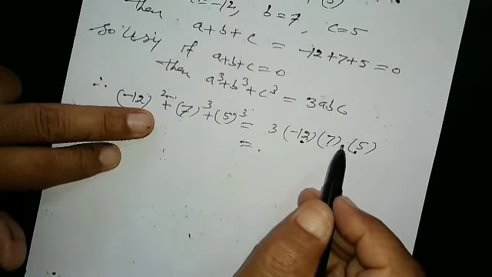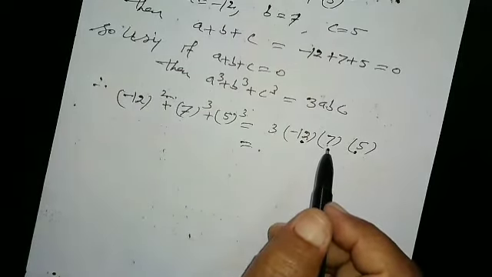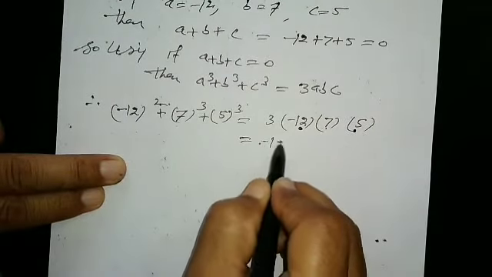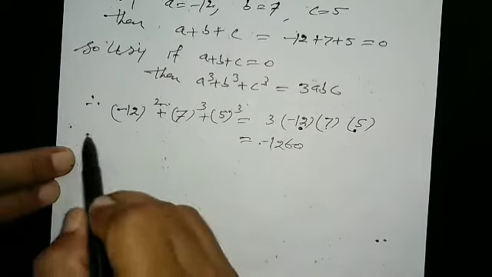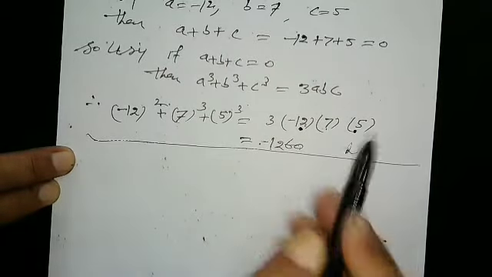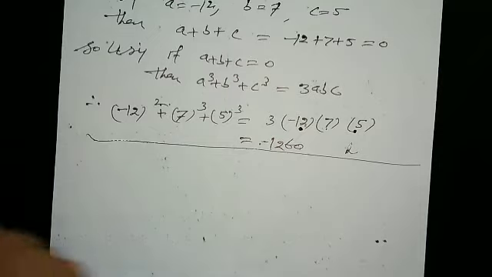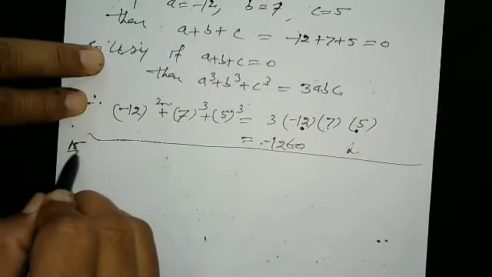Multiplication of 35 and 36, that will be 1260, right? So you can do this.